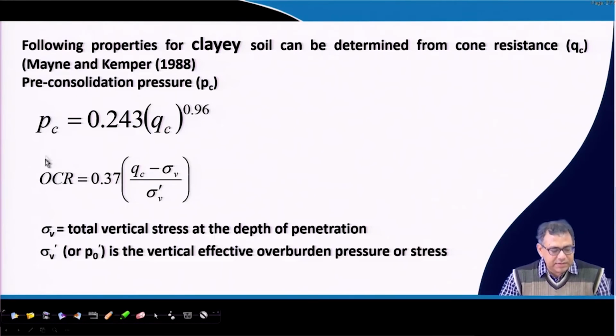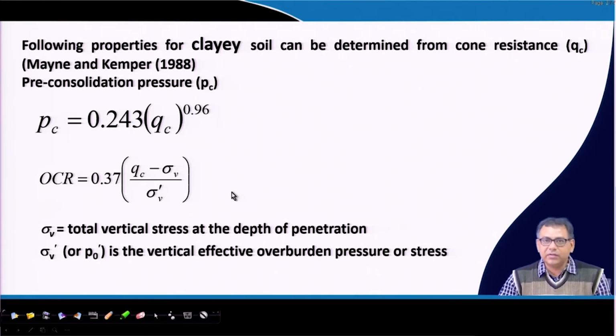The PC value we can get by using this expression. Here QC is the cone resistance, and we can get the over consolidation ratio also by using this expression. Sigma V is the total vertical overburden pressure, and sigma V bar is the effective vertical overburden pressure.